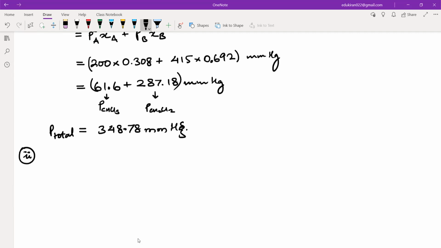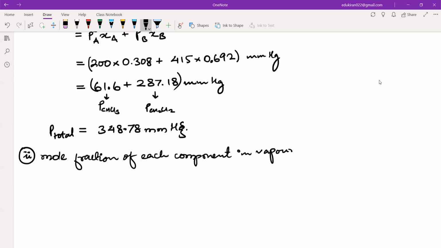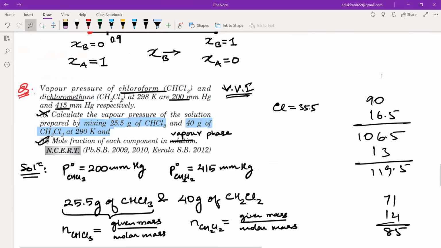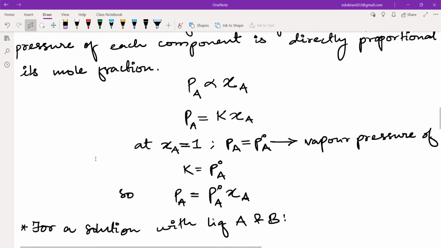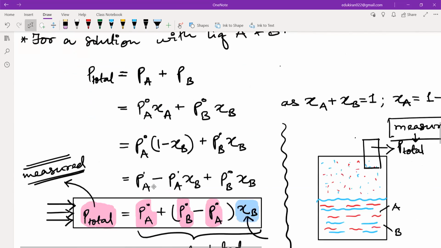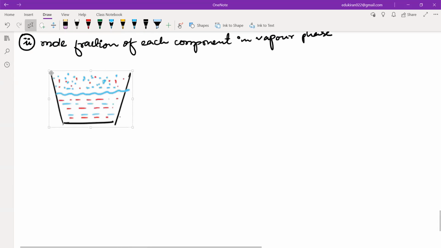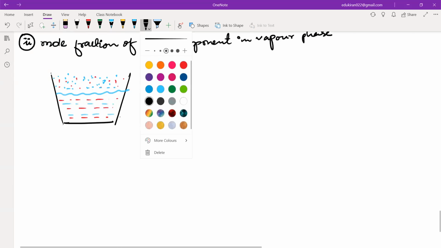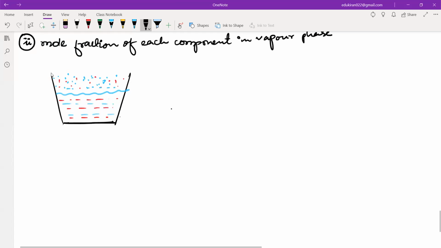In the second part, what they are asking is the mole fraction of each component in vapor phase. In vapor phase, that means, let us take this. Suppose this is my container, and here you have chloroform and dichloromethane.